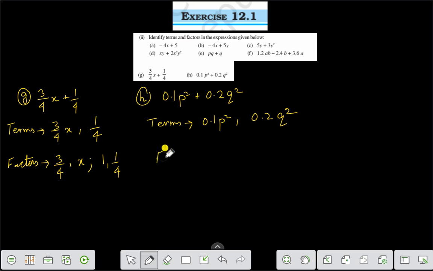Therefore the various factors are: for 0.1 p square, the factors are 0.1, p and p. And for 0.2 q square, we get 0.2, q and q. These are the factors of the terms.